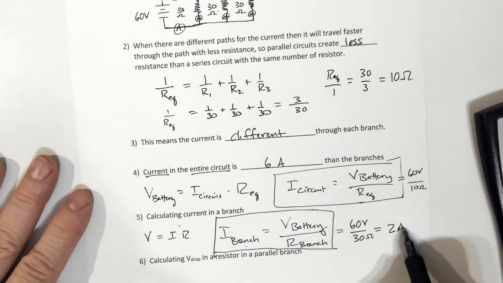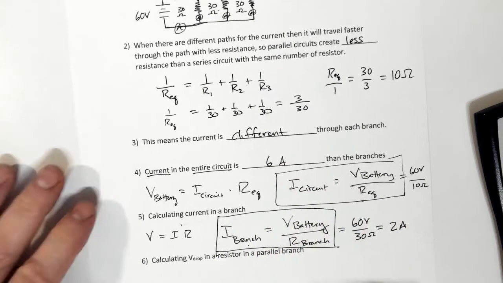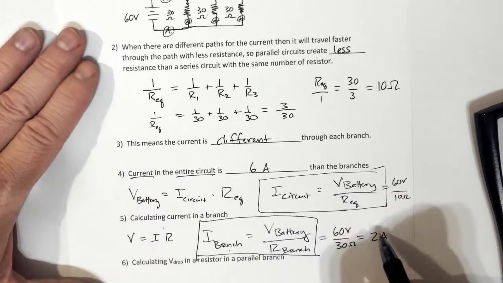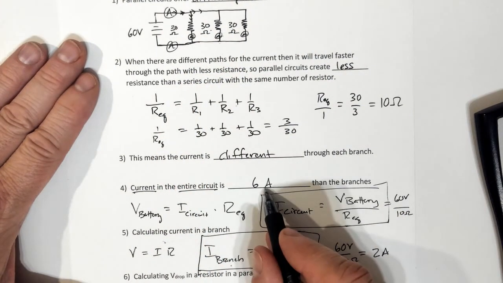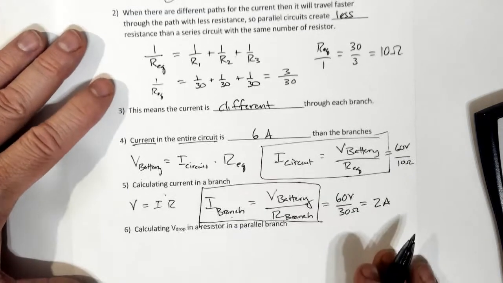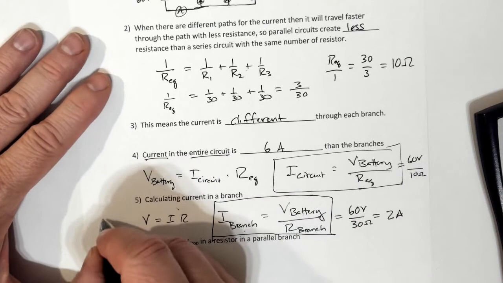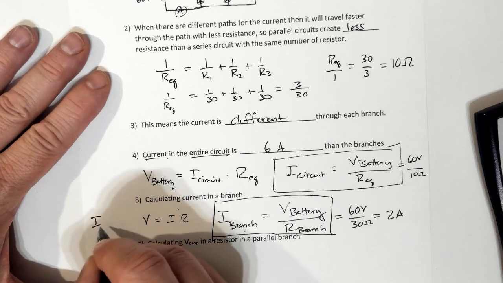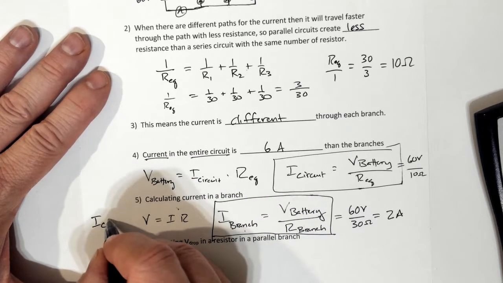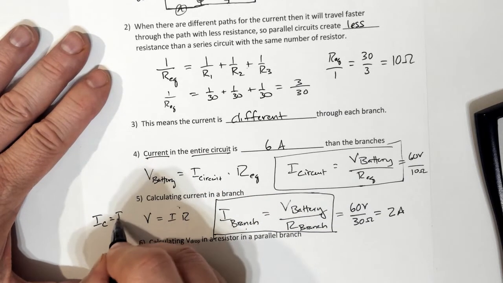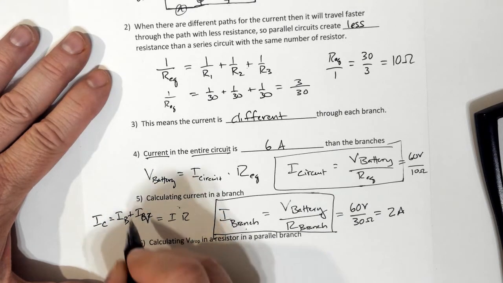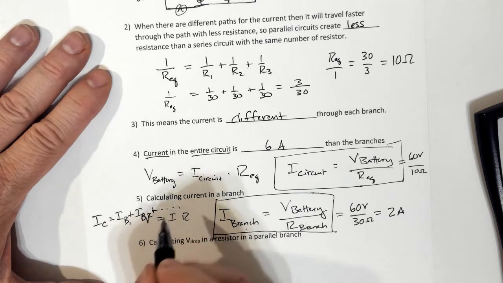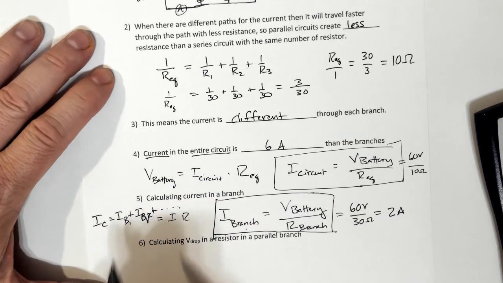And you can find the current in each individual branch. Well, the cool thing is when you find all the branches, they will add up to the total. So don't forget this. I total or circuit will be equal to I in branch 1 plus I in branch 2, and so on and so forth, will add up to the circuit one. So I just want to point that out.